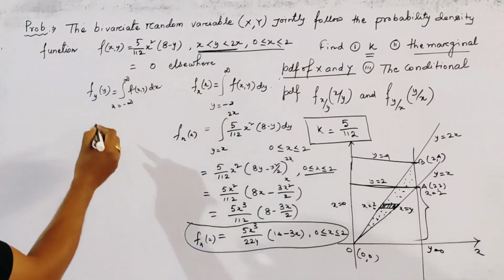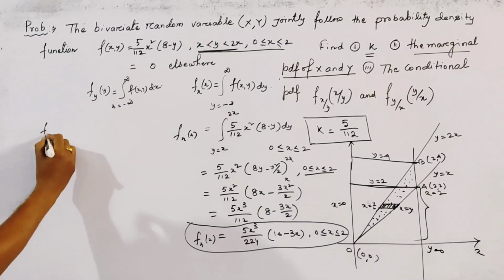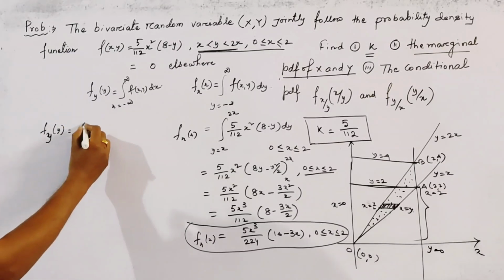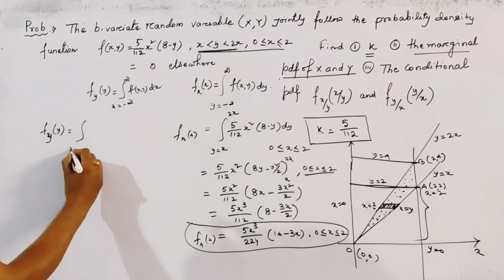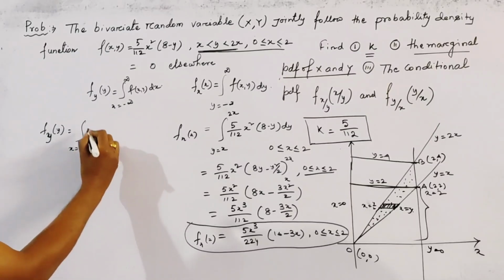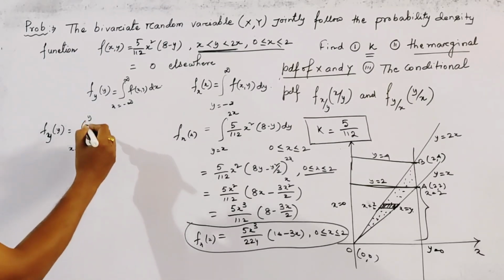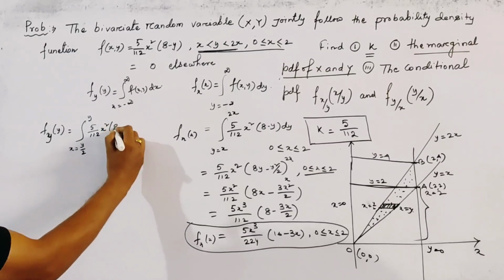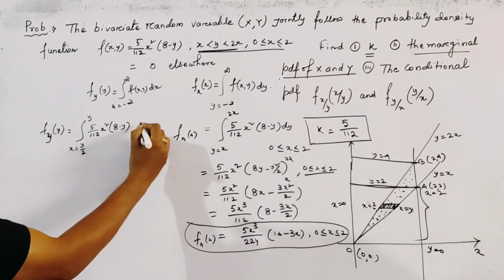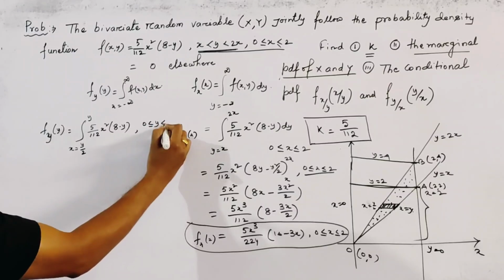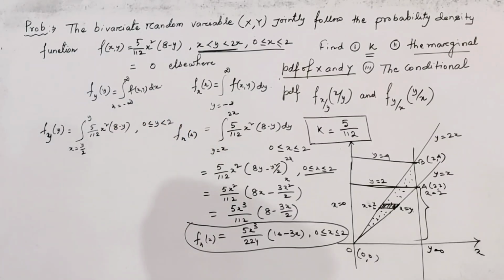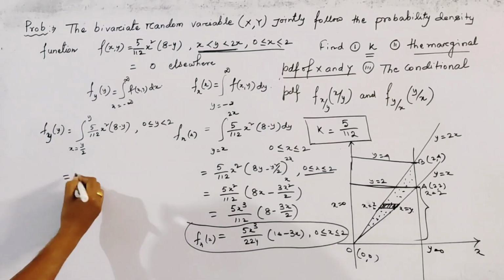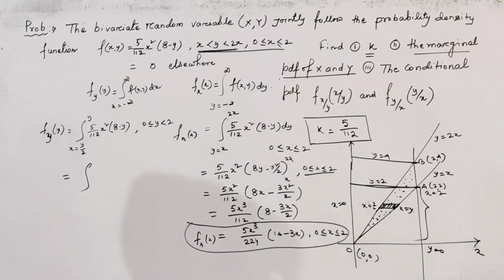Okay, so here if we find or write f_Y(y), then we get x equal to y by 2 to y, of 5/112 x squared times (8 minus y), when 0 ≤ y < 2. Okay, 0 ≤ y < 2 here, and we write the integration, another integration.